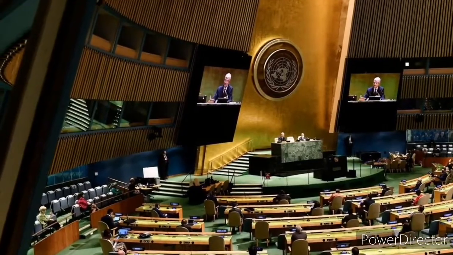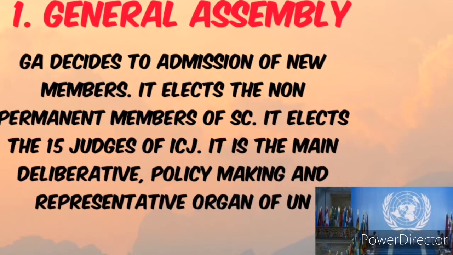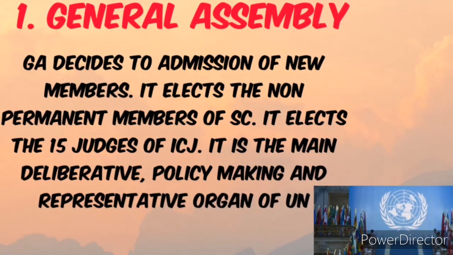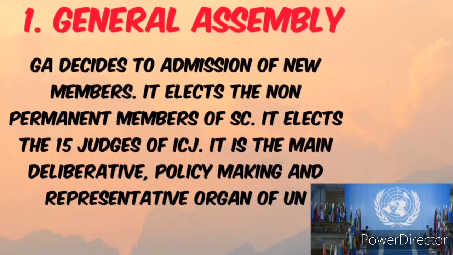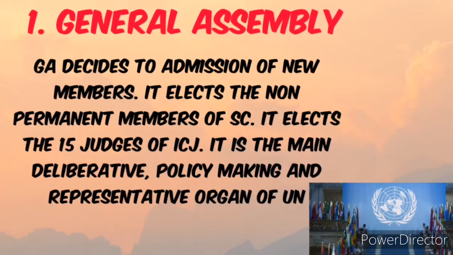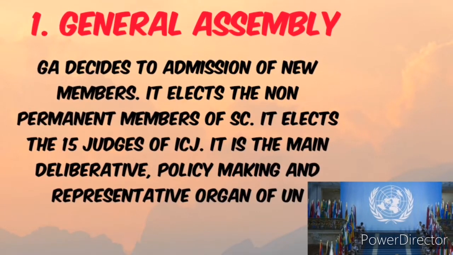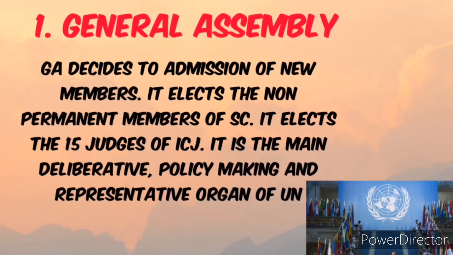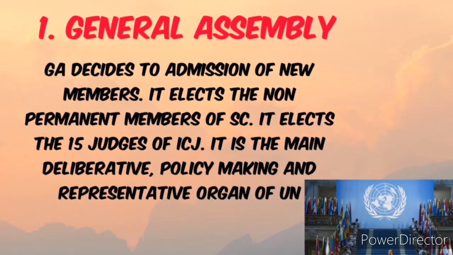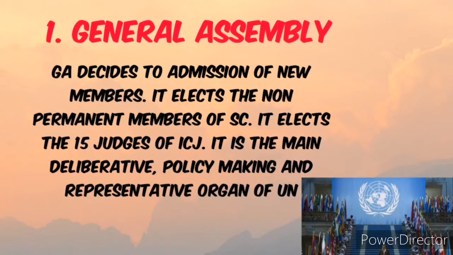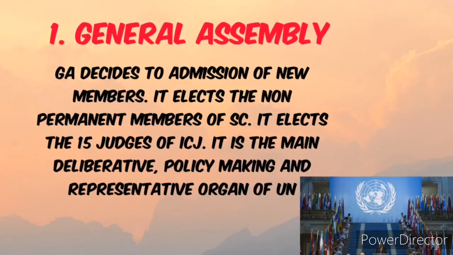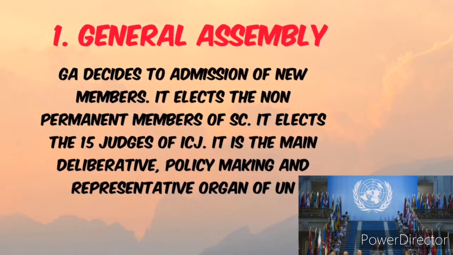The President of the General Assembly is elected for a period of 1 year. The United Nations General Assembly decides the admission of new members. It elects the non-permanent members of the Security Council, and it also elects the 15 judges of the International Court of Justice. UNGA may pass non-compulsory recommendations.